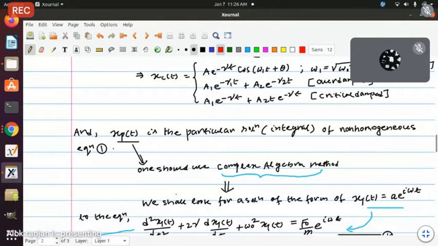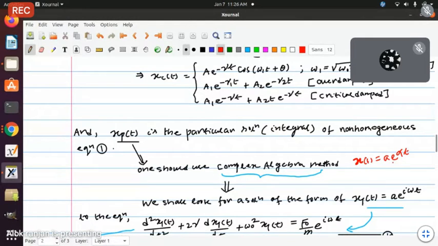It says that we shall look for a solution of the form x1 of t equals a e to the power i omega t. If you remember, for either the forced damped oscillator or the simple harmonic oscillator, what is the solution for x of t? The initial guess solution a e to the power alpha t.